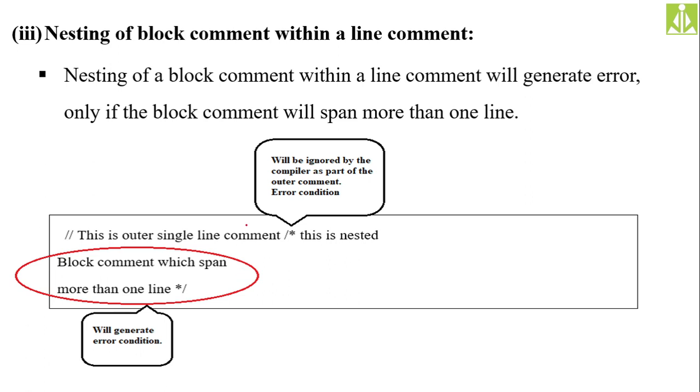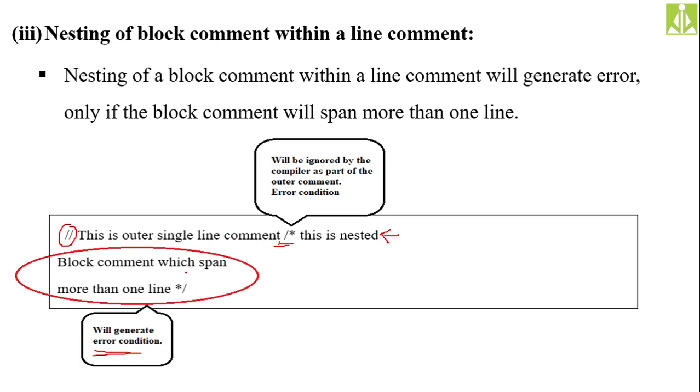Coming to the third one, nesting of a block comment within a line comment. Here I have started the line comment and here I am starting the block comment. Where exactly will this line comment end? Here the line comment will end, and the start token which you kept for the block comment will be ignored by the compiler, and these extra lines you are keeping over here will generate an error. These two lines will generate errors because your compiler will not consider them as part of a comment.